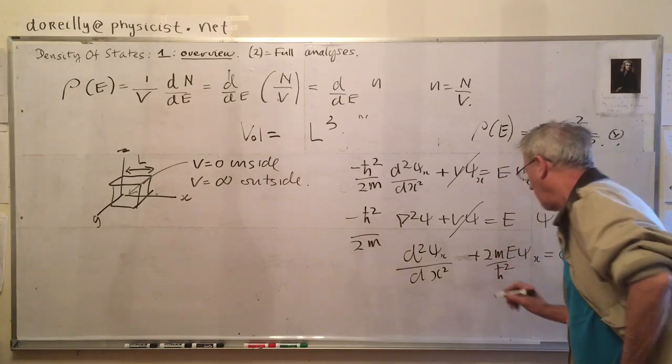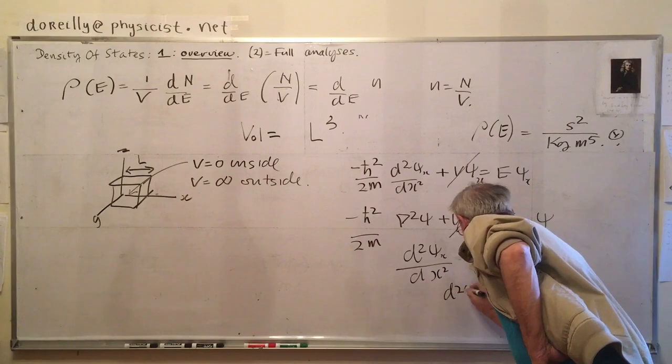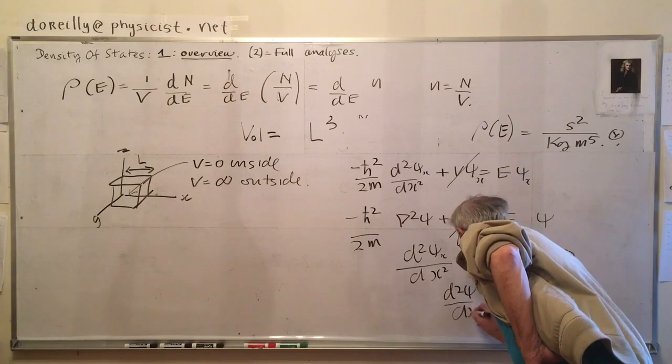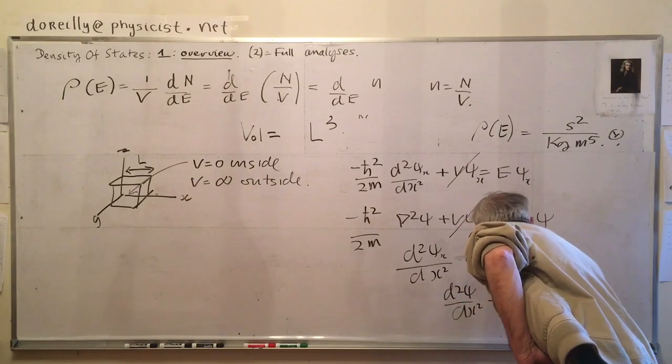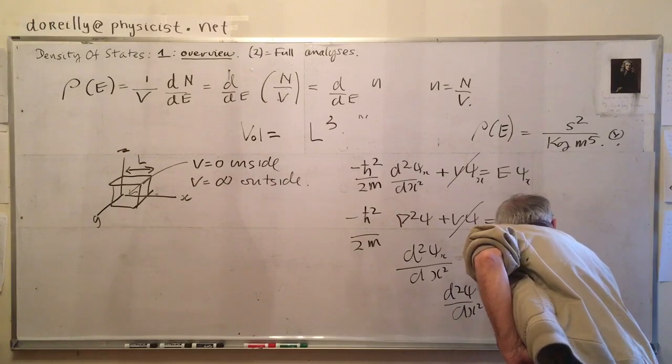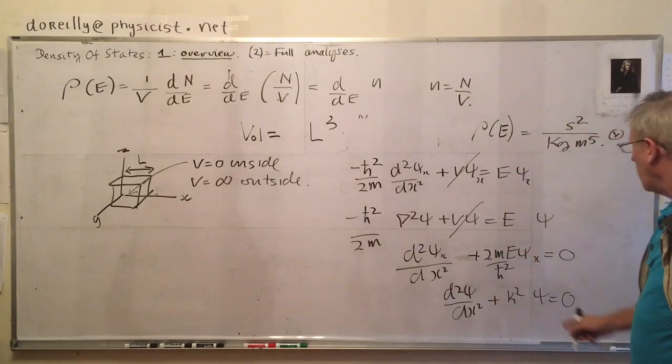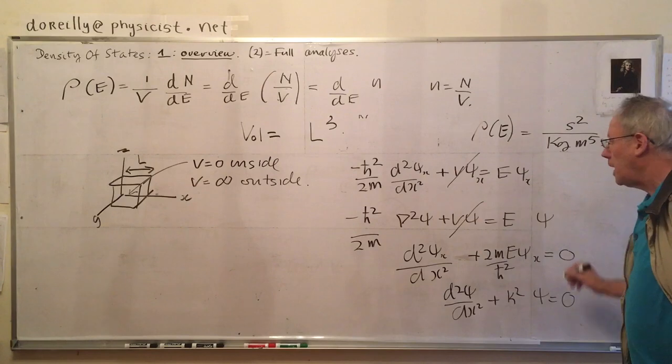Plus, or simply k squared equals 2mE over h-bar squared.